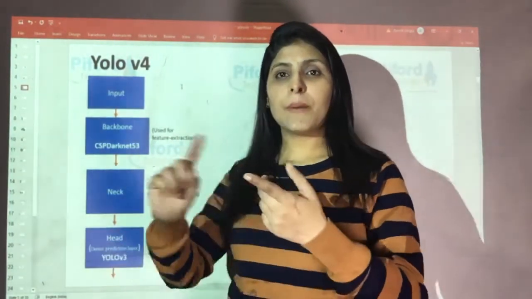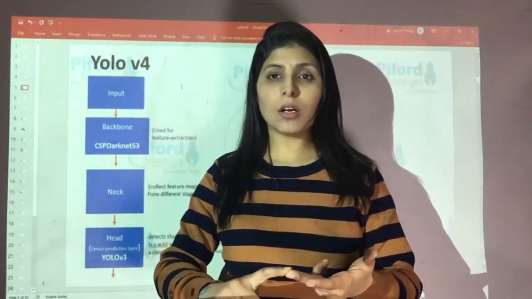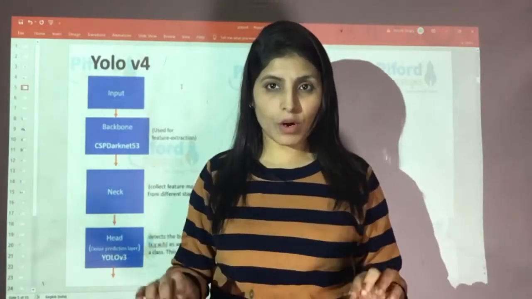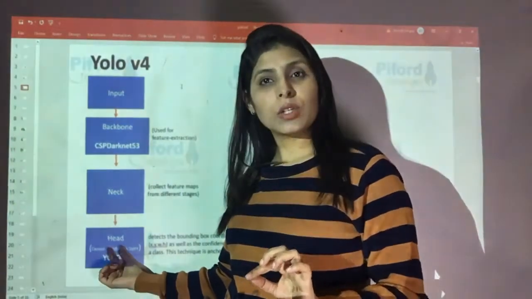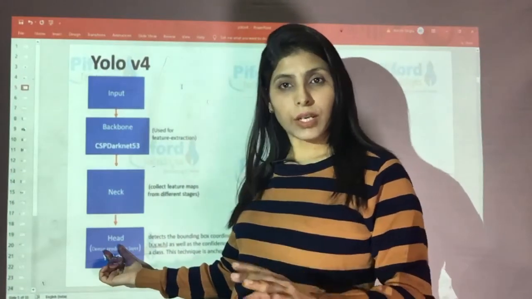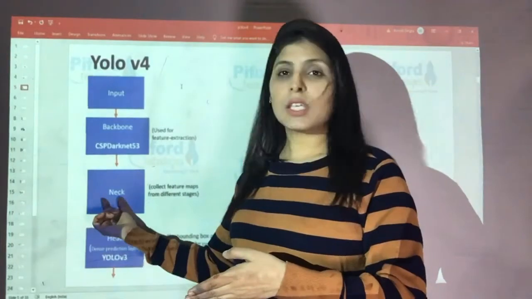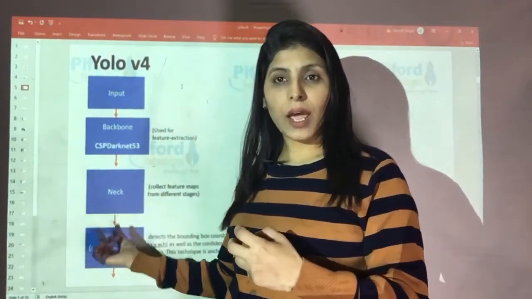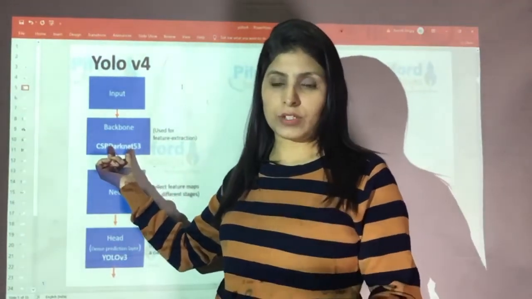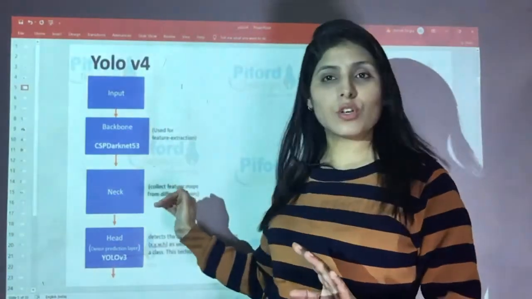Head simply means we are performing object detection over here, we have a classifier over here, and we are plotting the bounding boxes also. So this is actually working as YOLO version 3, which will detect the object and plot the bounding boxes. The neck is just gathering the features together and giving them to the head, and the backbone is for feature extraction. This is the main architecture of YOLO version 4.